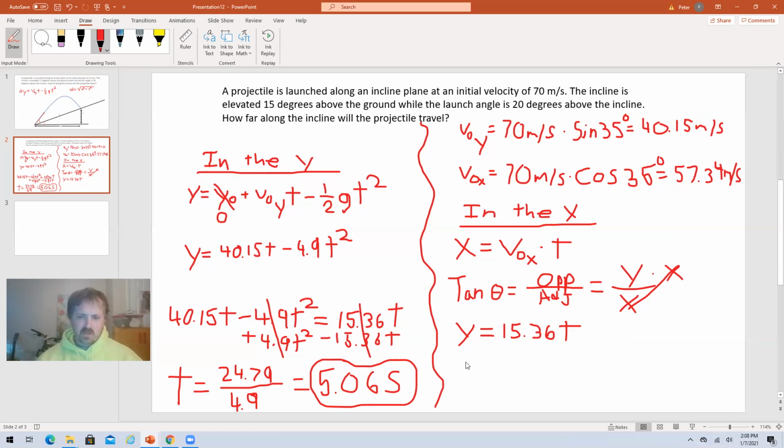Okay, so then y is going to equal 15.36 times 5.06 seconds.